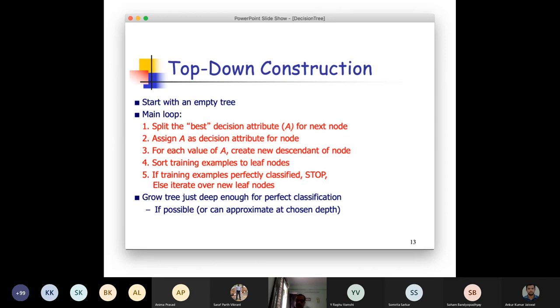So that's why, instead of going that deep in a decision tree and satisfying every training example, what we try to see is that largely the tree nodes should have at least a certain number of examples. Every node should contain a certain number of examples at the end.